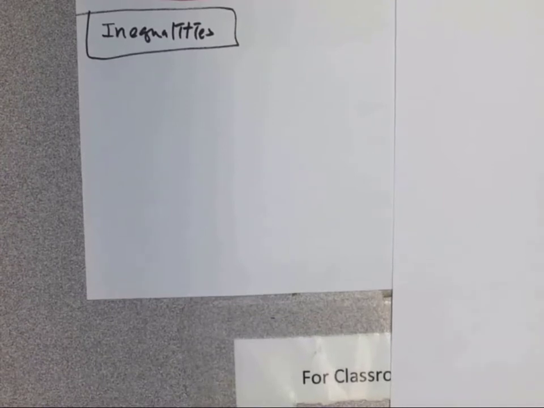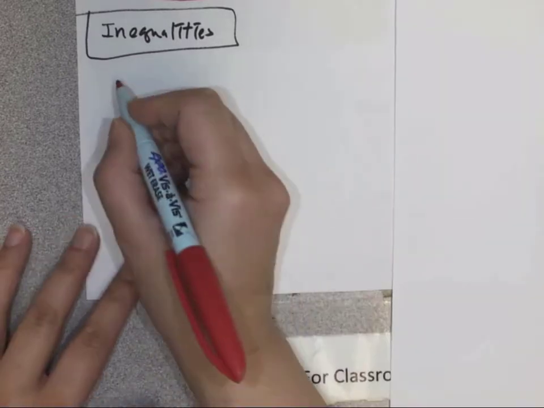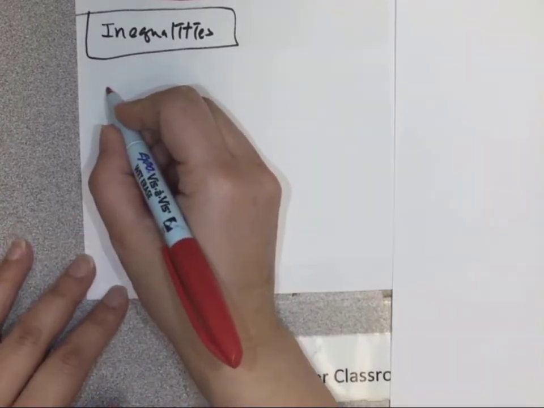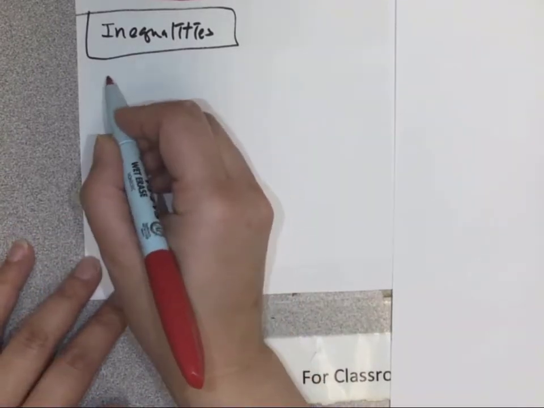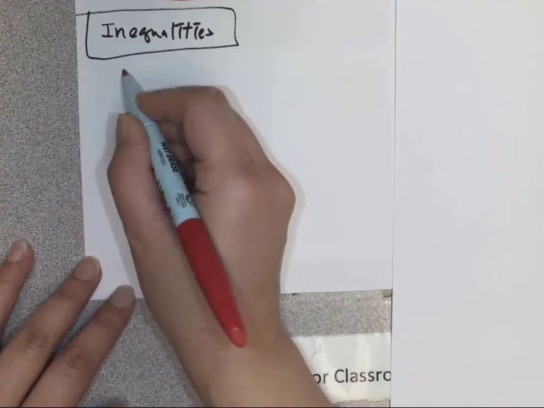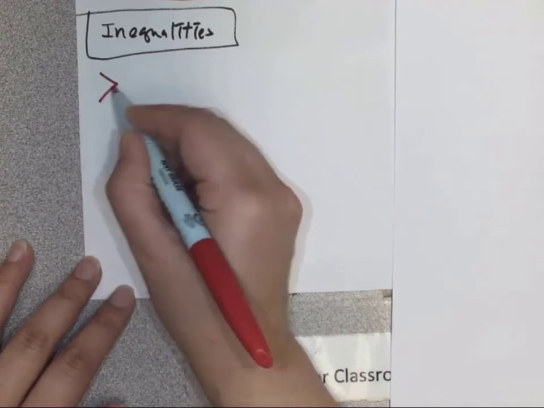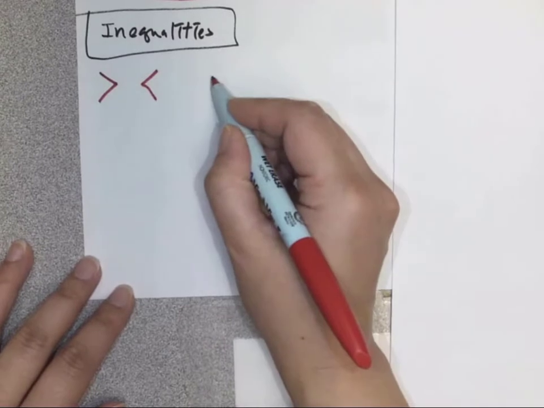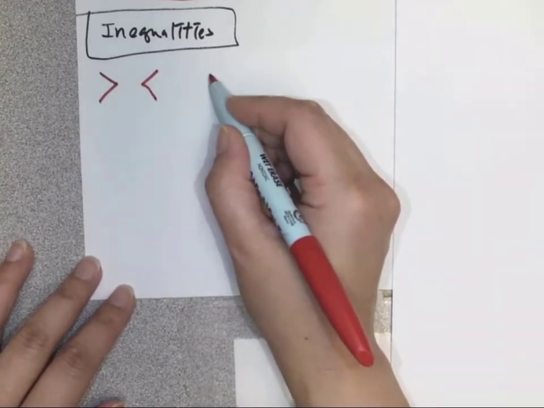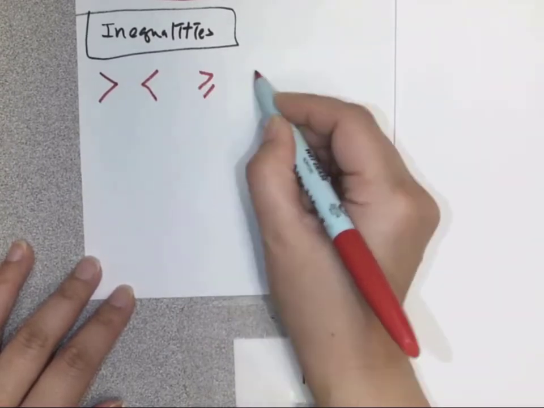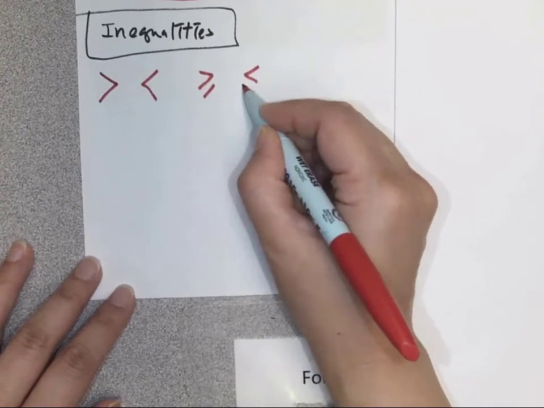So for equation, it comes with equal sign, right? How about inequality? What do they have? So instead of equal to, what do we have? Less than, greater than. So greater than, less than. What else? Greater than, equal to, less than, equal to.